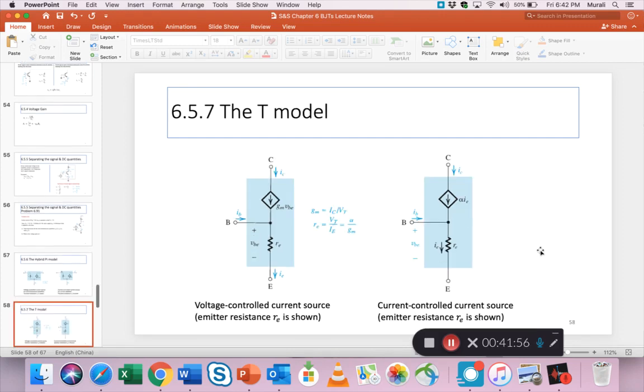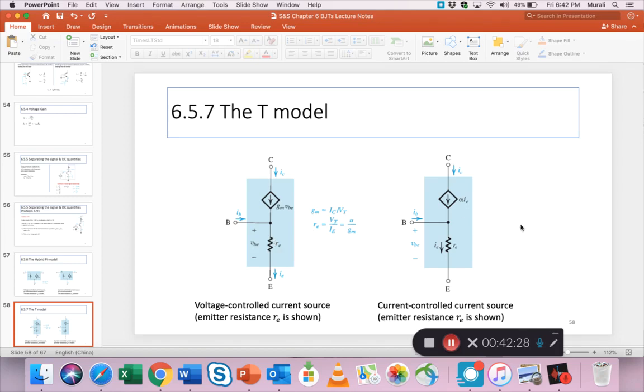Okay, there's another pair of models called the T model, and here again we talk about a voltage controlled current source, but instead of showing the R pi, we show the RE, the other resistance, which is the resistance looking from the emitter circuit. Okay, so this model also is useful. So as we do problems with the models, you'll get a better feel for why they are important and why they are useful.